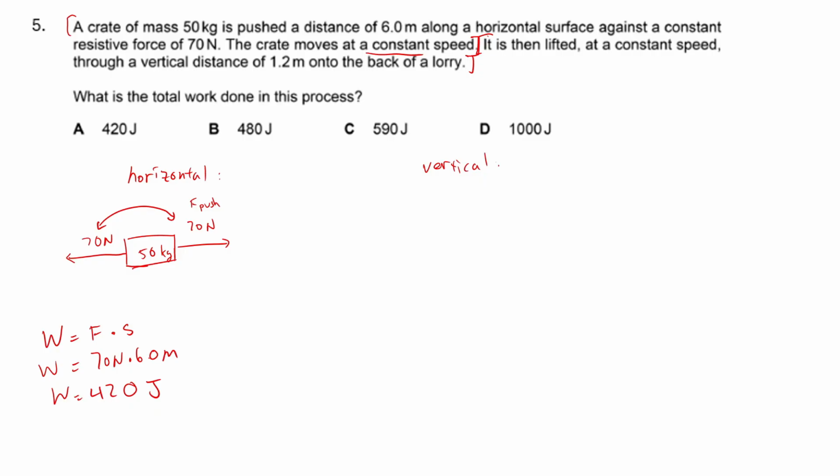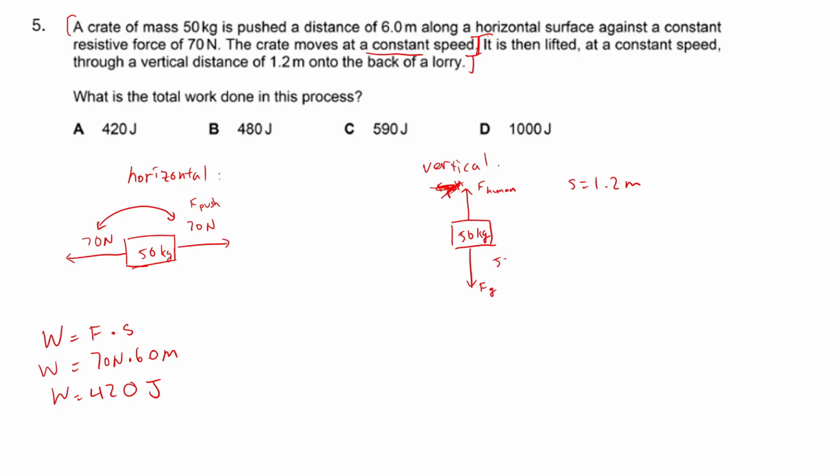Now let's do the vertical component. So we are being lifted a distance of 1.2 meters, and 50 kg, and we have two forces up and down, where this is F push force, or the pull force, I guess, but this is like F human, let's say. And then in this case, the bottom here is Fg.